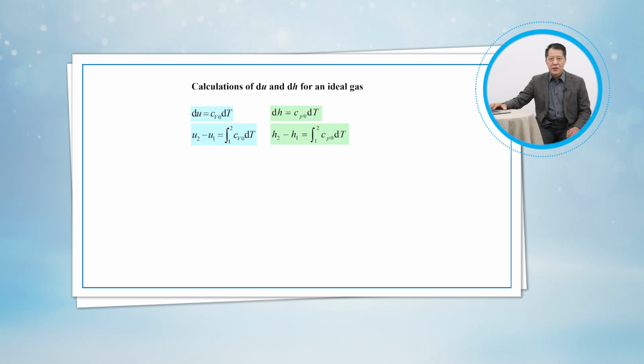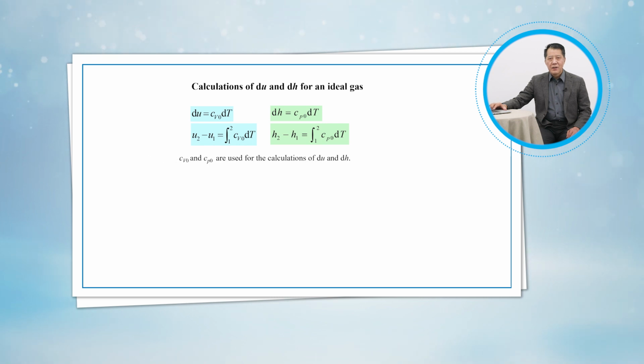The differential changes in the internal energy and the enthalpy of an ideal gas can be expressed as the change in internal energy or enthalpy for an ideal gas during a process from state 1 to state 2 is determined by integrating these equations.